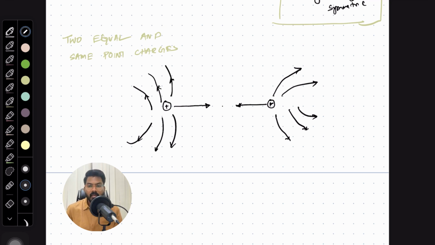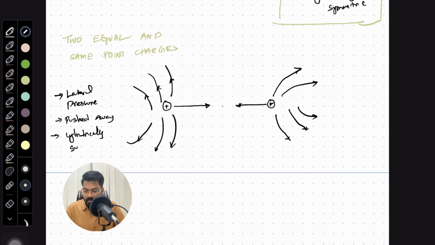They get repelled like this. So there is a lateral pressure that is causing the spacing to increase. So they get pushed away as a result. And even in this case it is cylindrically symmetric.